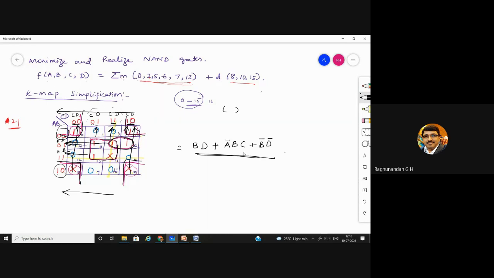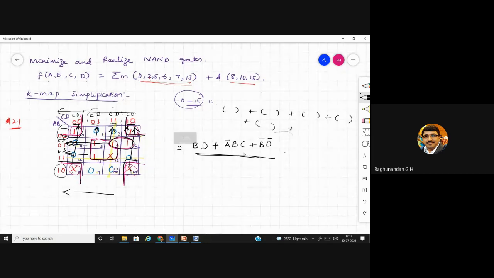That means A bar B bar C bar D bar plus A bar B C bar D plus A bar B C D bar, like this. You need to add 12 terms. This is the complex equation we are having. These 12 different terms, we have simplified into this form by using the K-map simplification.